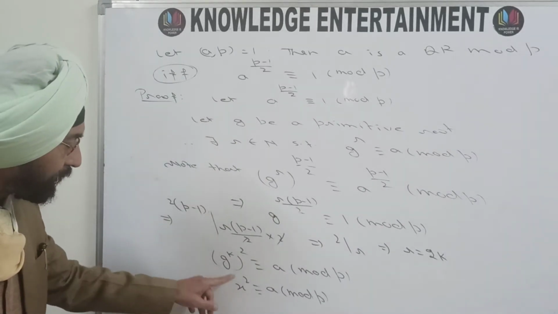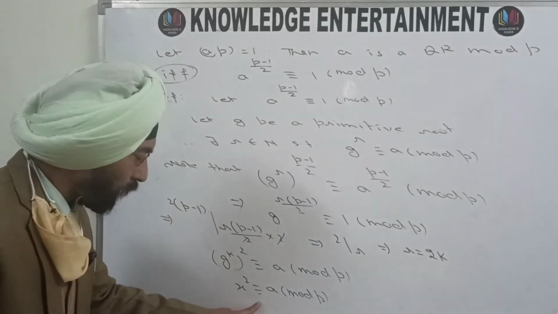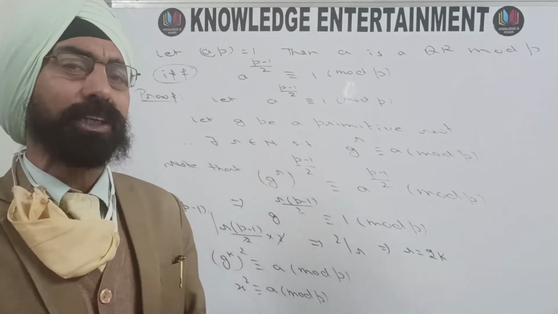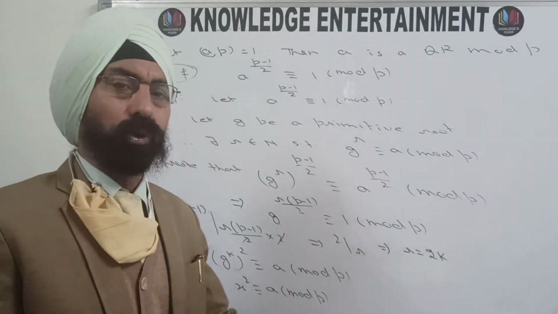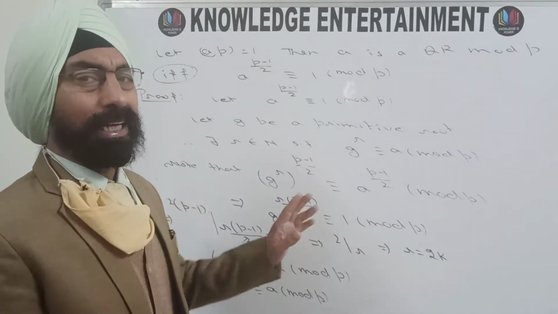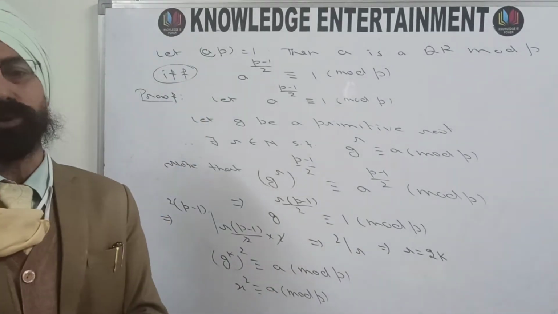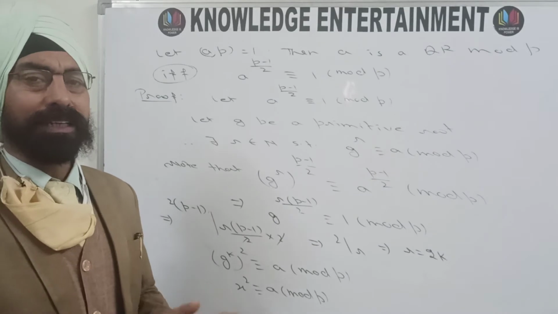The solution is x equal to g^k. So this quadratic congruence x squared congruent to a modulo p has a solution, and whenever this quadratic congruence has a solution, a becomes a quadratic residue of p. So a is a quadratic residue of p, as this quadratic congruence has a solution in the form of g raised to the power k.